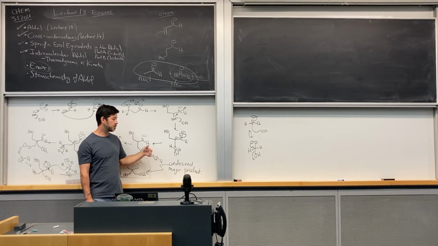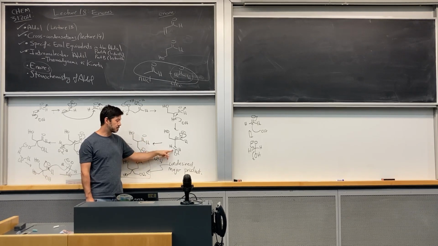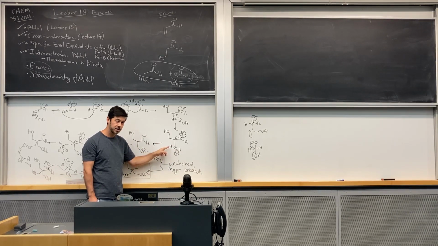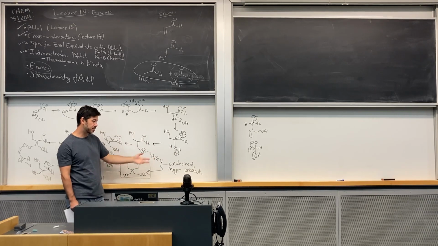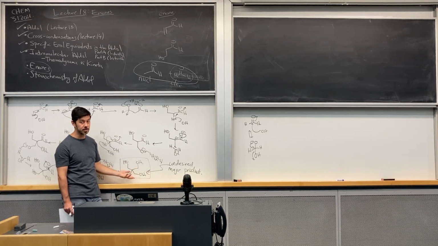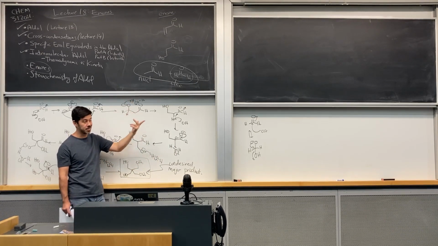The problem is if you do that, when this reacts, you're still going to have formaldehyde present. So even if you add a quarter of a stoichiometric equivalent in this reaction, you're still going to generate this enolate and it's still going to react because you're still going to have a bunch of this present. Okay? The only difference is that you'll make your undesired product, but it'll be in lower yield. You'll never generate your desired enone.